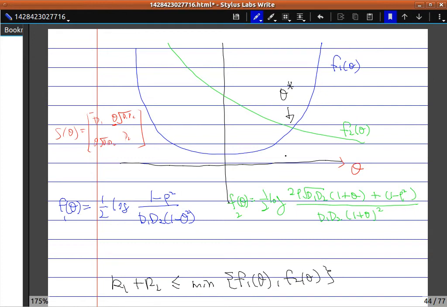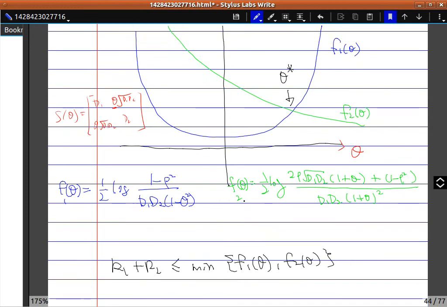What we want to pick is the theta such that our transmission has maximum efficiency, or the sum rate bound will be as small as possible.